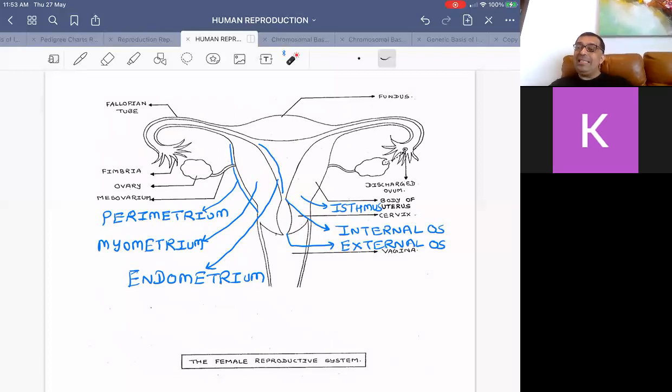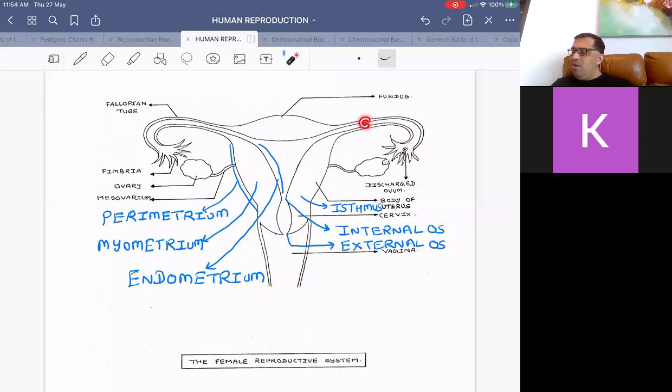Now, this is if ovulation takes place and fertilization takes place. But suppose ovulation takes place and the egg does not get fertilized. समझो copulation नहीं हुआ है.